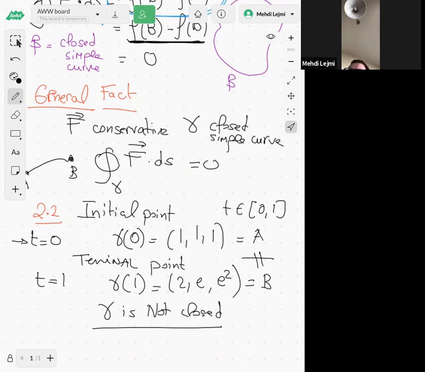I think we had just one example. So today we're going to have more examples of area of smooth surfaces, and then we're going to discuss scalar surface integral and vector surface integral. Then I will assign new homework next week.